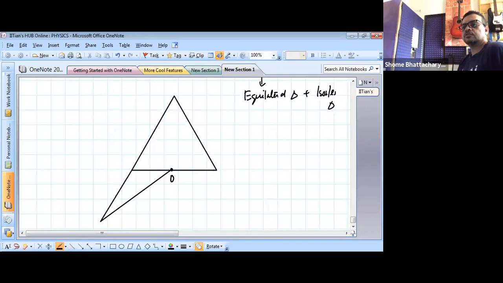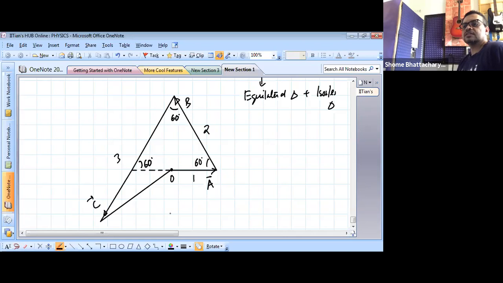This was the origin of the vector A. This angle was 60. This vector was B. And this whole thing was C. So this was 3 units, this was 2 units, this was 1 unit. And this was just a dotted line. So because this angle was also 60, so therefore this angle became 60.